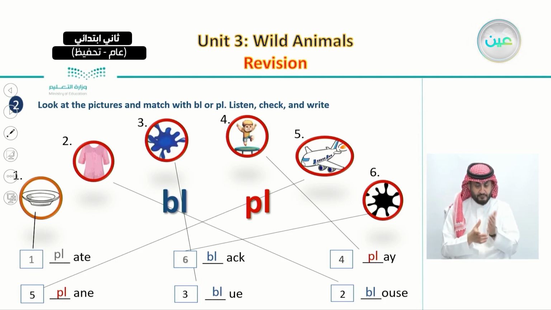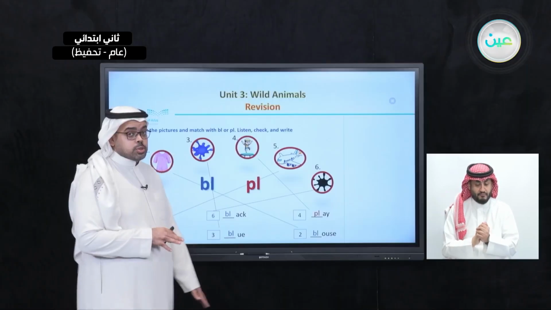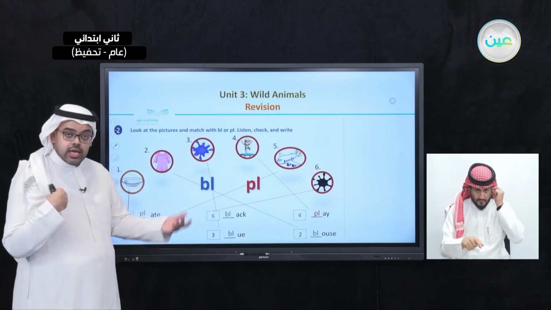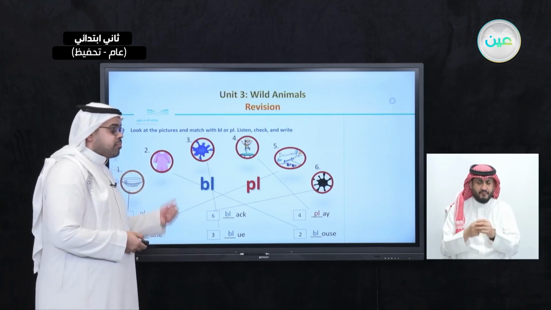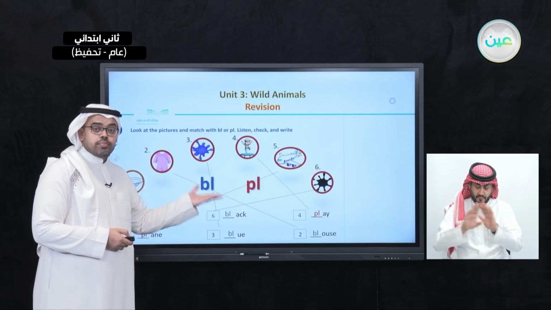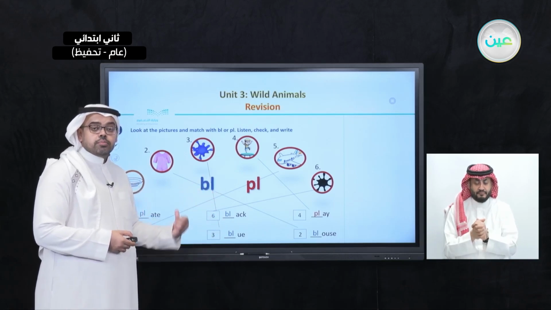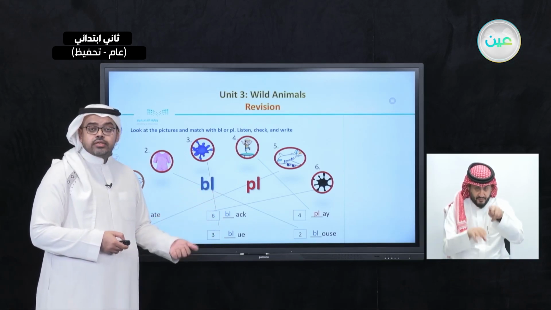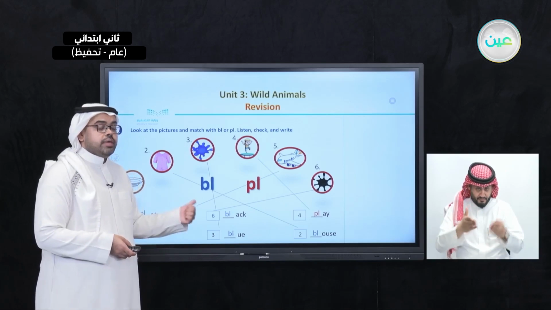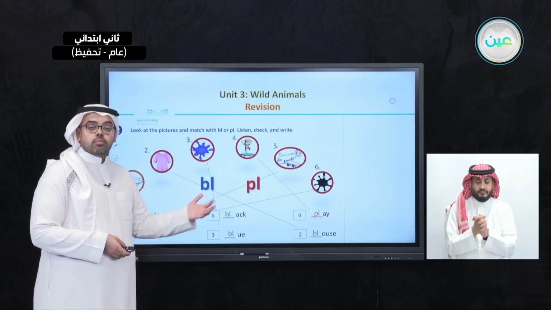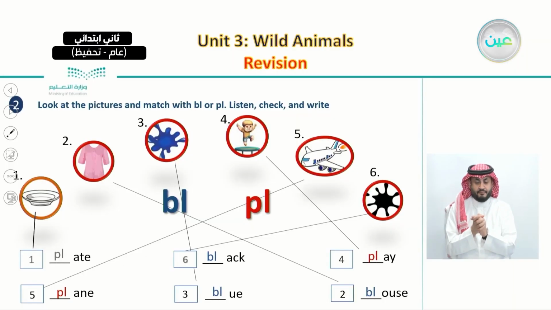And of course, finally, blouse, blouse. Say it with me, blouse. So now, I'm very sure we can name some words that start with PL, as in play, plane, and plate, and also words with the BL sound, as in blue and blouse.